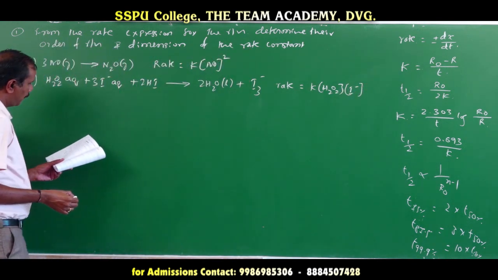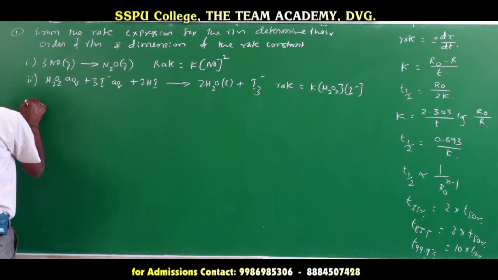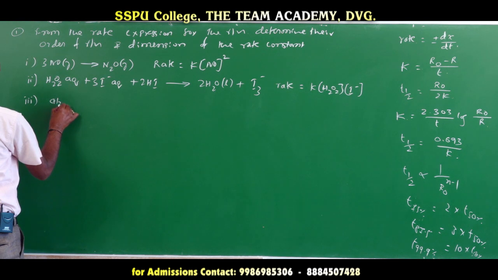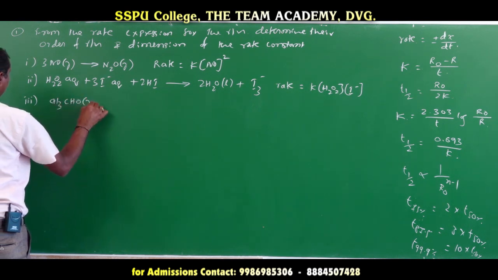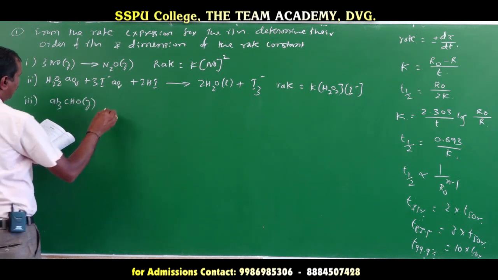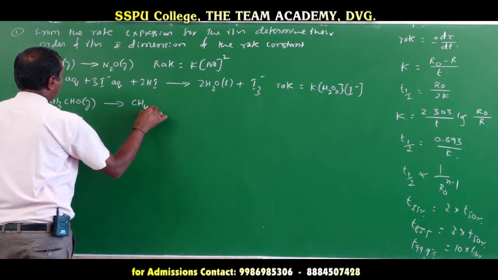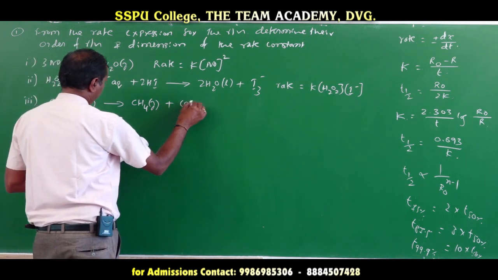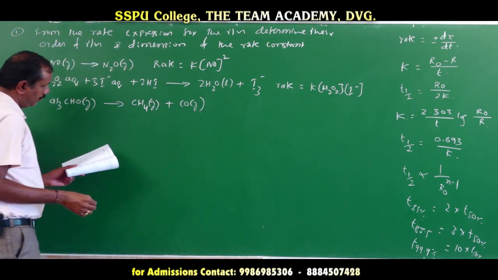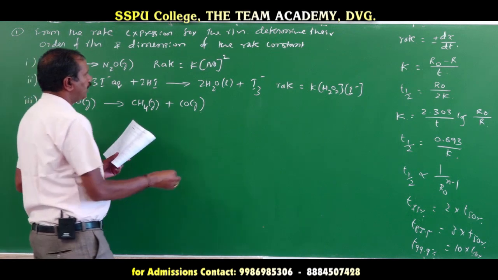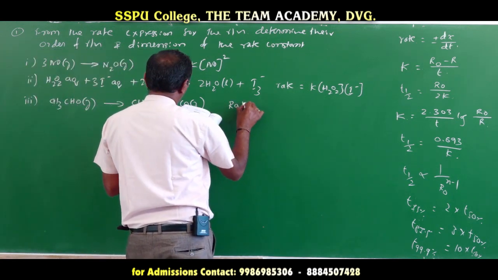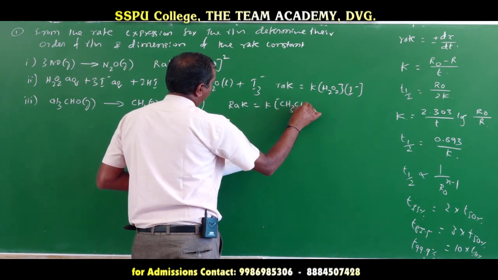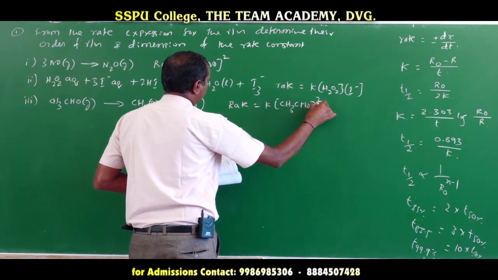And one more equation: CH3CHO gas, that is acetaldehyde, becomes CH4 gas plus CO gas. For that, rate is given, where rate equals K into CH3CHO to the power of 3 by 2.